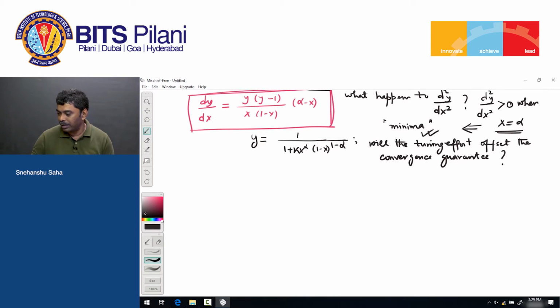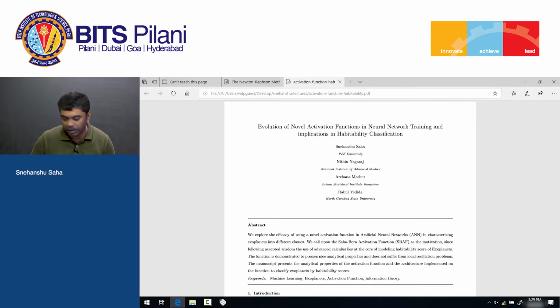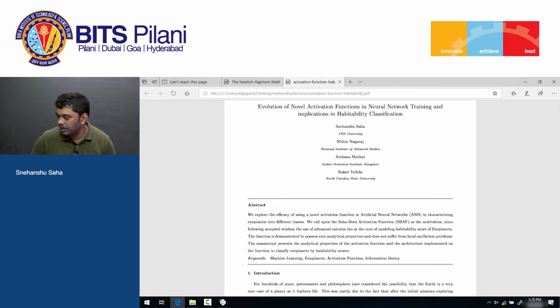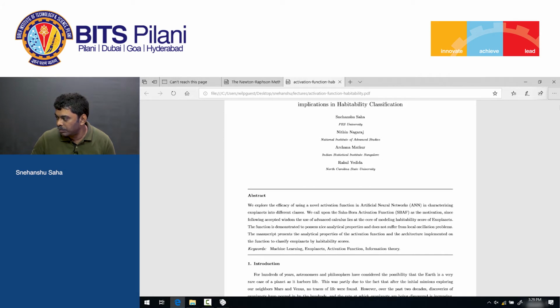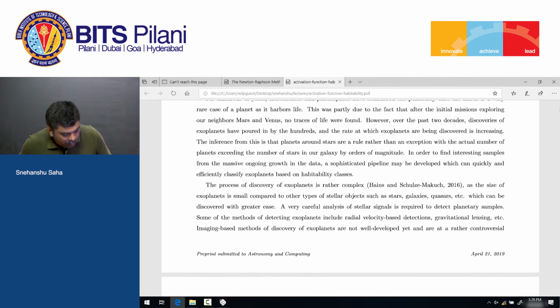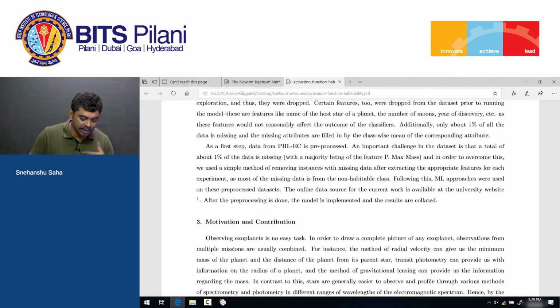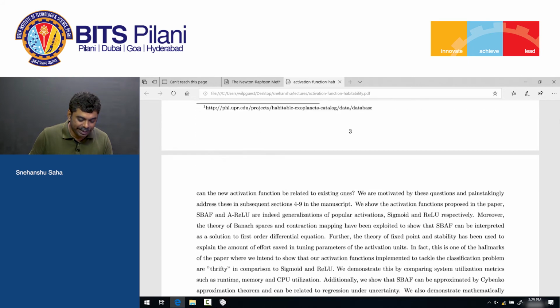All right, so let's now go to something that I wanted to talk about. This is a more detailed exercise on the activation function. Some of these things I'll just point out to the relevant areas.